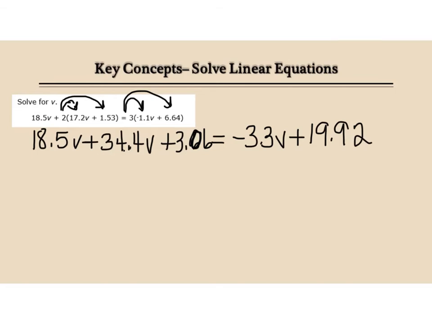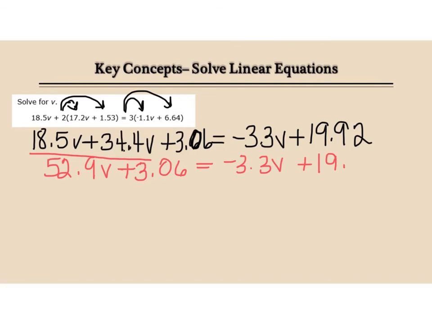Now the next step is we're going to combine like terms, and those are like terms, so we're going to add them together. And when I add those two together, I get 52.9v plus 3.06 equals negative 3.3v plus 1992.